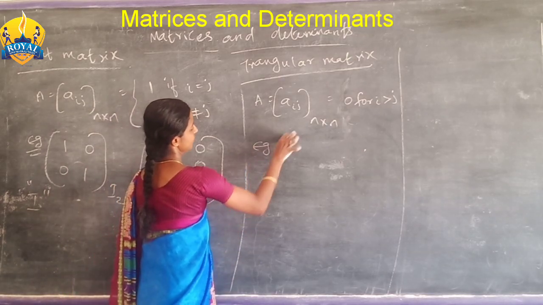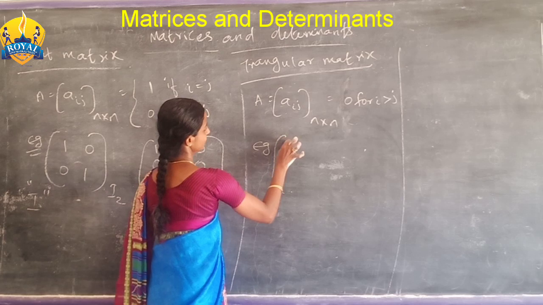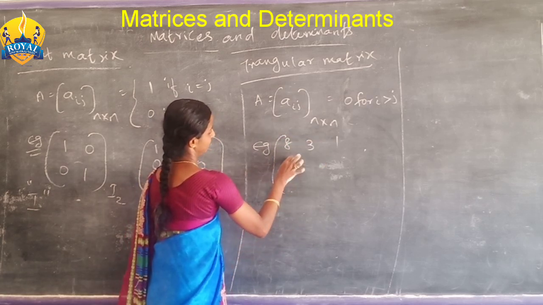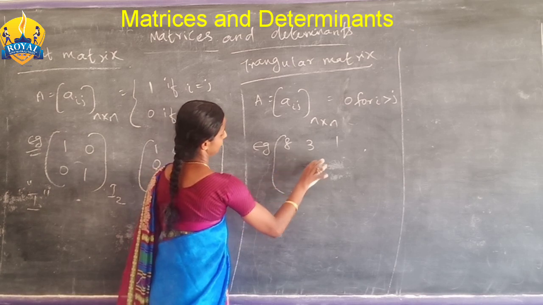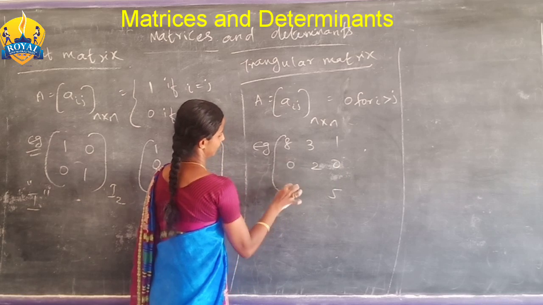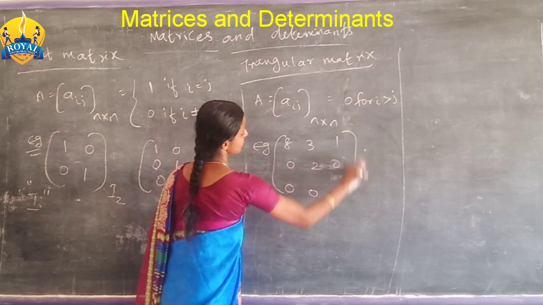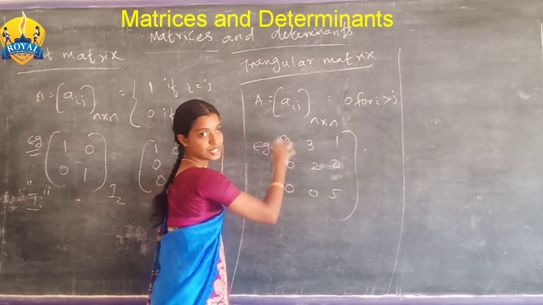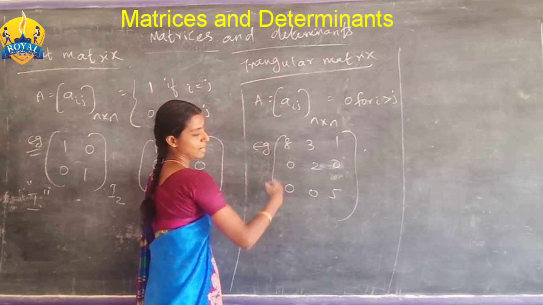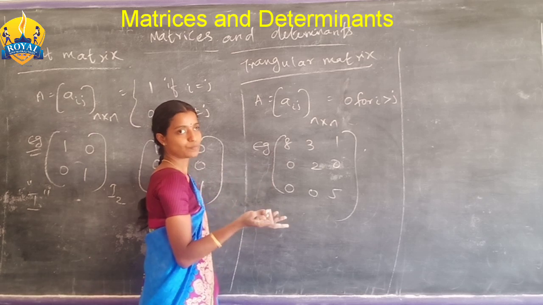So say for example, now this is my main diagonal, 8 to 5. Now the elements below the main diagonal will be completely 0.